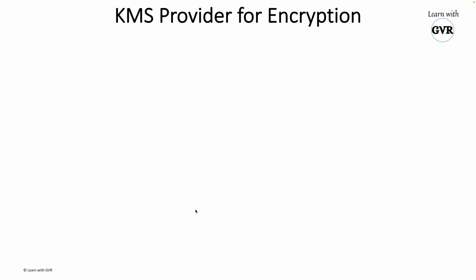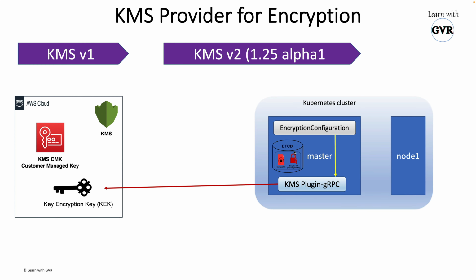So the encryption configuration goes to the KMS plugin, which is hosted as a gRPC, and that plugin will talk to the remote KMS. Whatever envelope encryption happens in the etcd database happens through the remote KMS. So this just works as a mediator. That's what the KMS provider is, and they introduced the KMS v2 API.